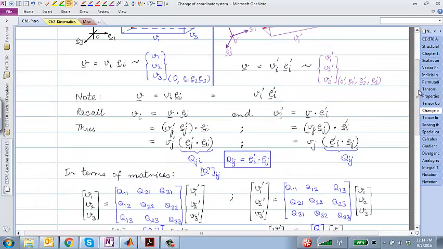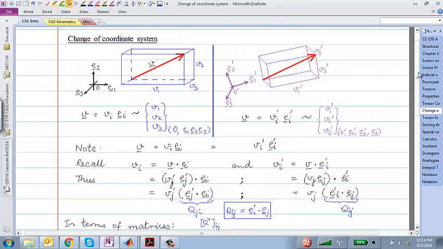What does that tensor do? That tensor Q takes these basis vectors E1 prime, E2 prime, E3 prime, and what does a tensor do when it acts upon a vector? It gives you new vectors. It gives me these black basis vectors when I act that tensor on this set of vectors.